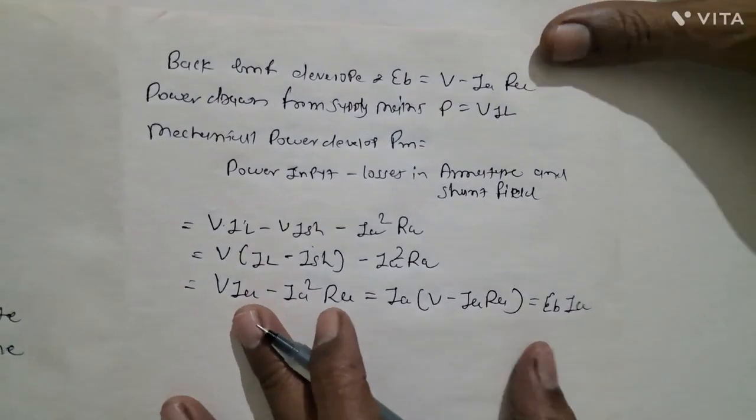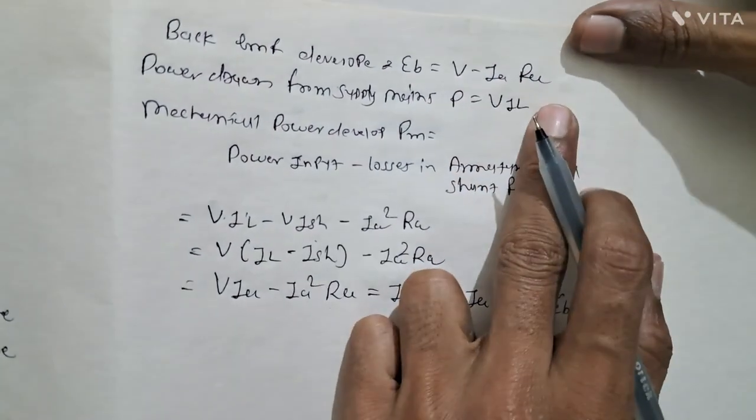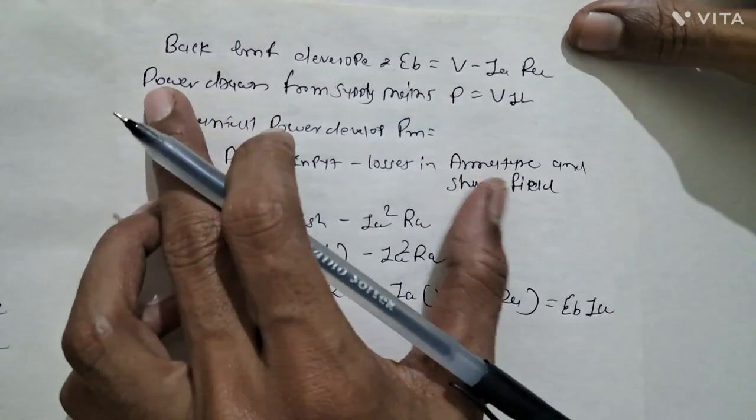So the back EMF developed is EB equals V minus IA RA.